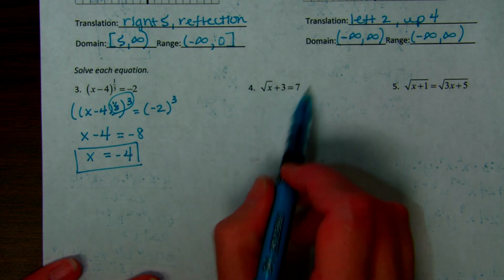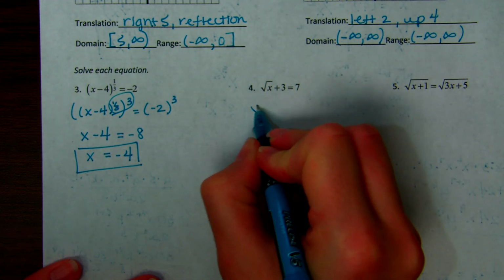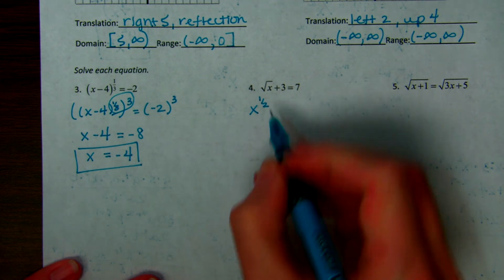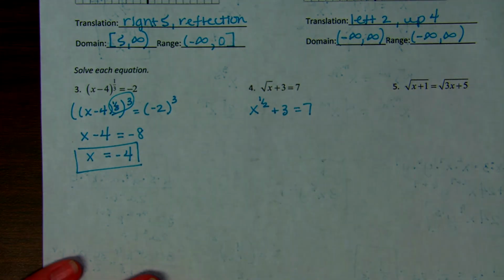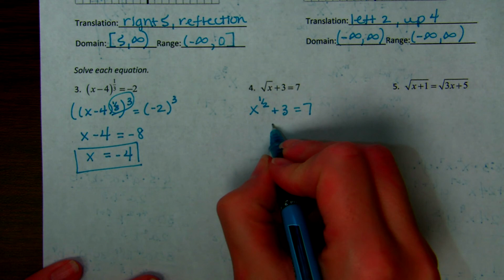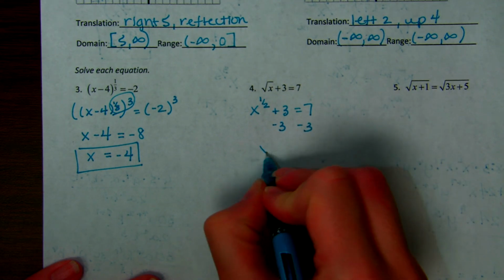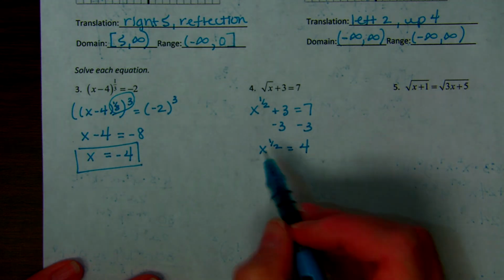All right, number 4 is a square root equation. And remember that we, first of all, rewrite the root as an exponent. So this is x to the 1/2 plus 3 is equal to 7. Get the thing with the 1/2 exponent alone. And so in this case, we need to move this 3. So subtract 3 from both sides. X to the 1/2 is equal to 4.